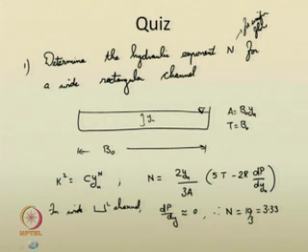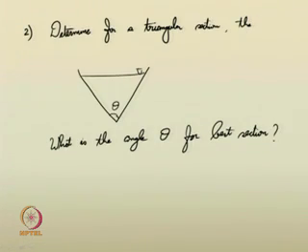Your next question, for a triangular section: you were asked what could be the best possible theta that gives you an efficient triangular section. So, can you do that? We have asked you what is the angle theta for the best section. So, you just work it out.